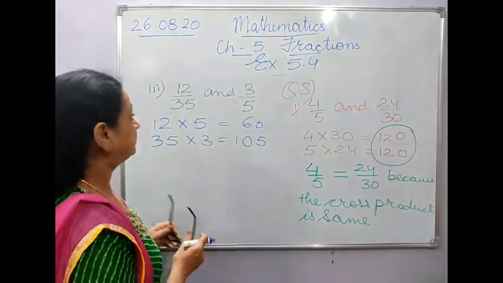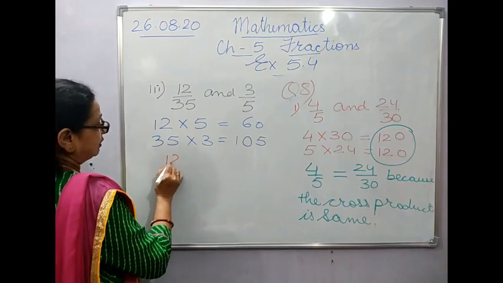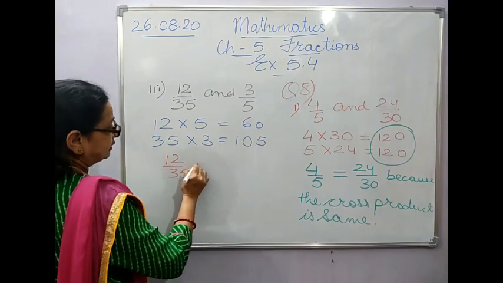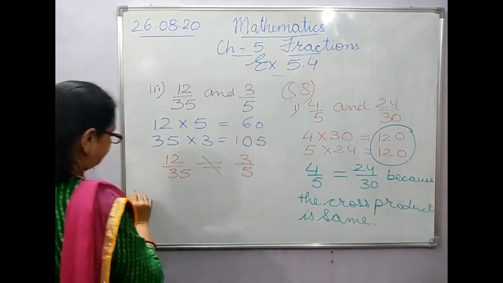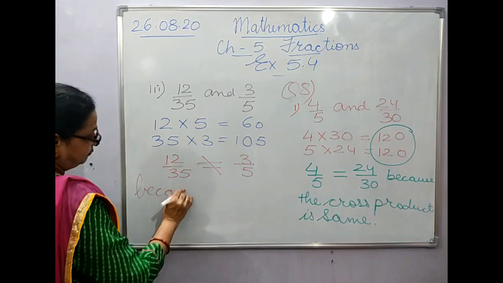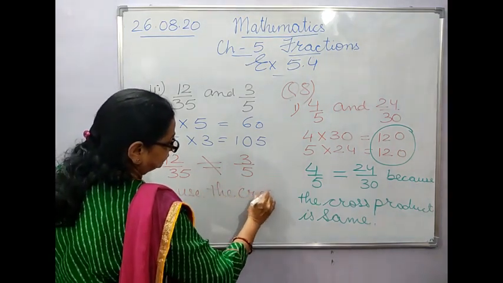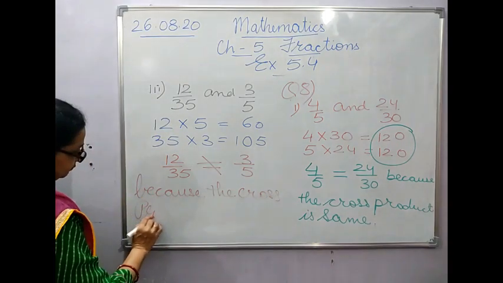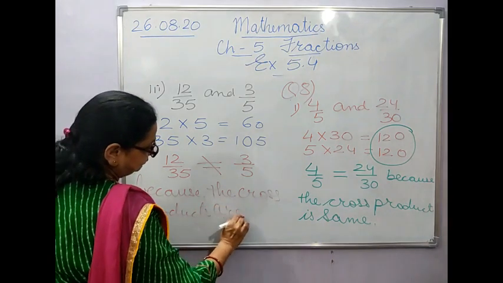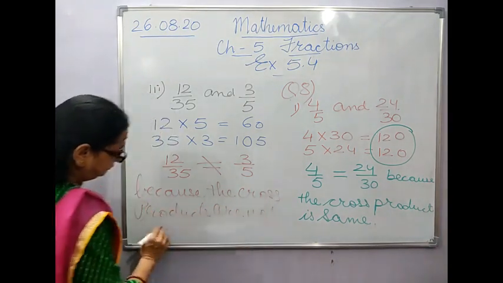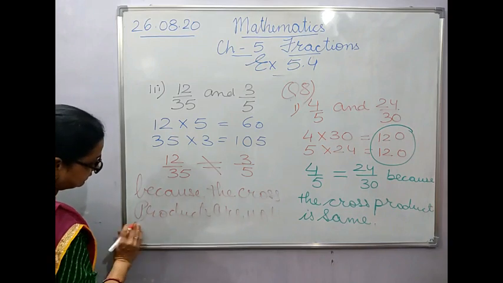No. That means 12 upon 35 is not equivalent to 3 upon 5 because the cross products are not same.